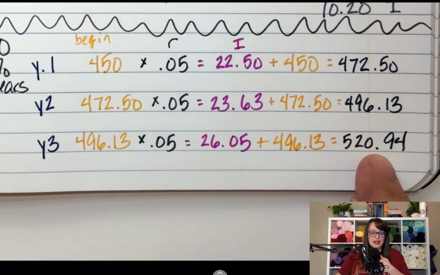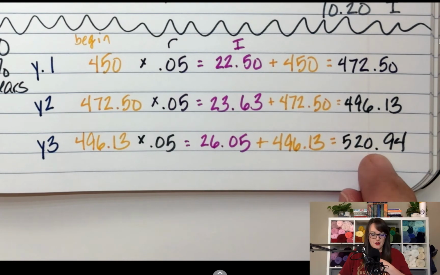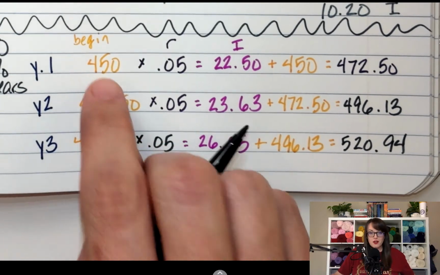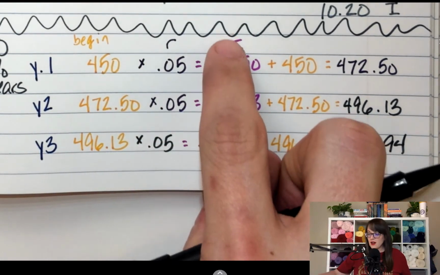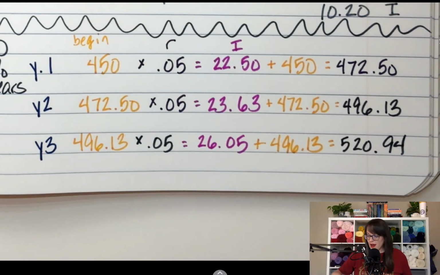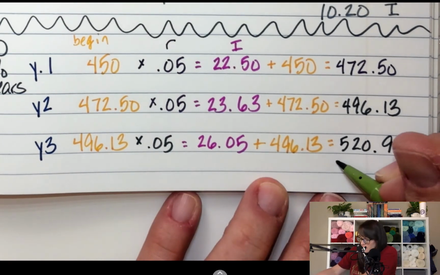How much of that money did I put in the bank? I started with $450. So the interest are these three numbers added together, or I can minus the principal.